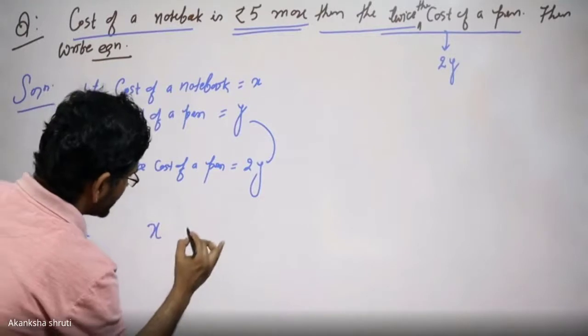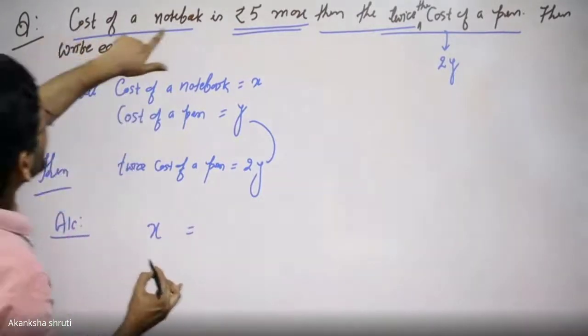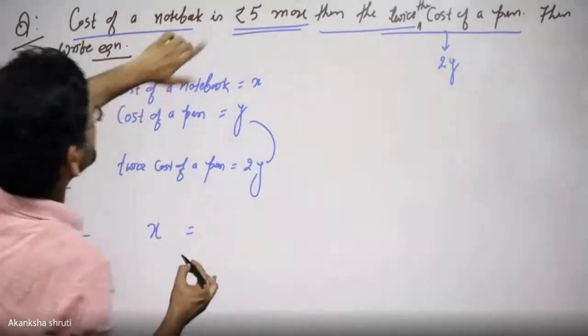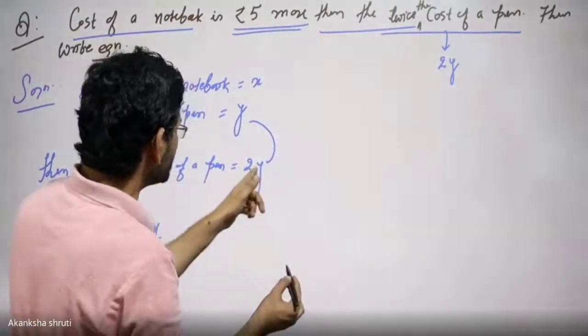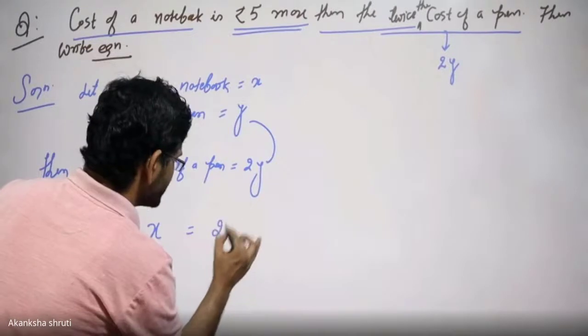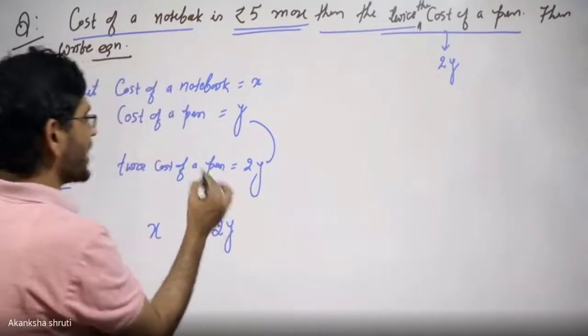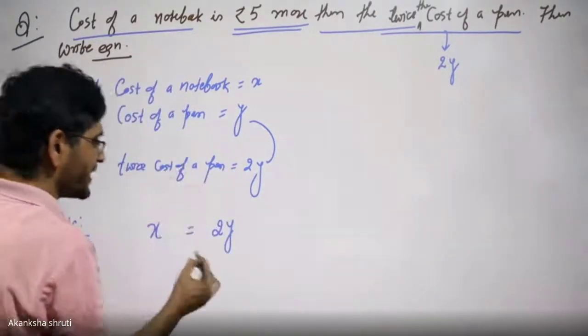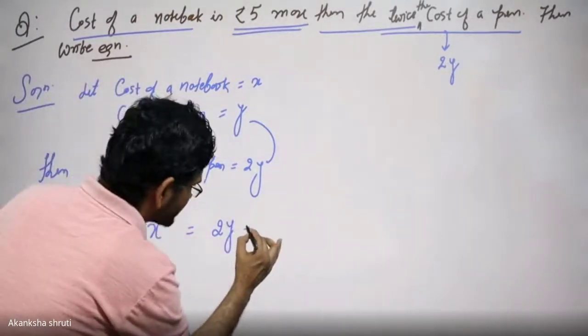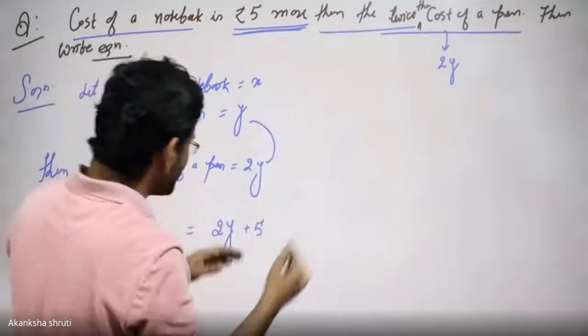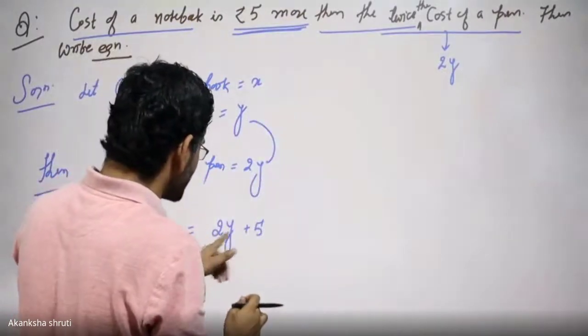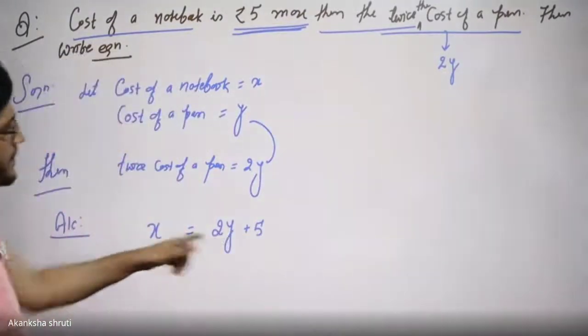So whatever twice the cost of a pen is, we need to add 5 more rupees to it. That's why it is ₹5 more than twice the cost of the pen.